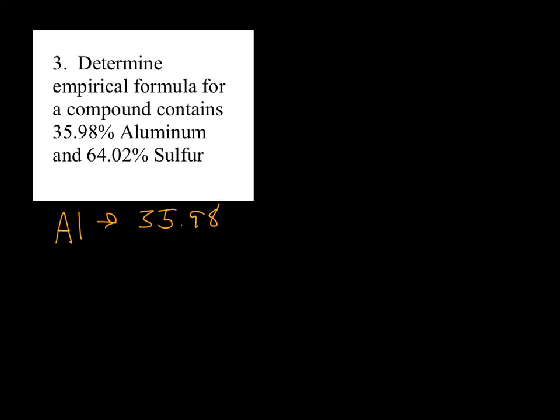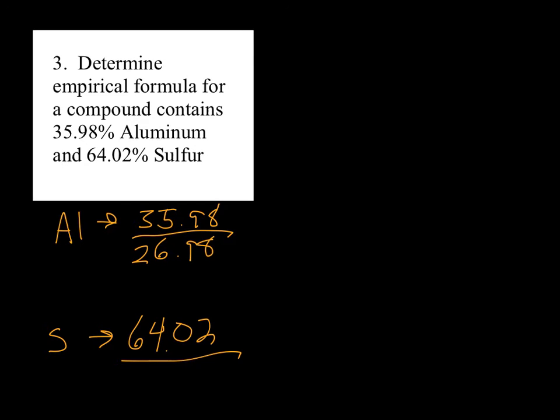So if I assume I have 100 grams, then I have aluminum and I have sulfur. And these are the masses of those elements that I have, and I'm going to divide each of them by their masses on the periodic table. Aluminum's mass is 26.982, and sulfur's mass is 32.066.